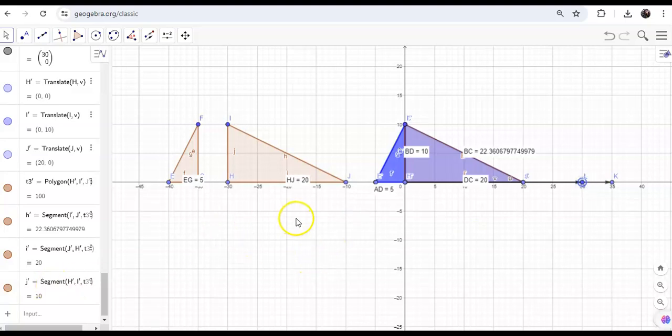So we have visually proven that these two right triangles are indeed the two right triangles of this acute triangle after dividing this acute triangle into two right triangles using the altitude.